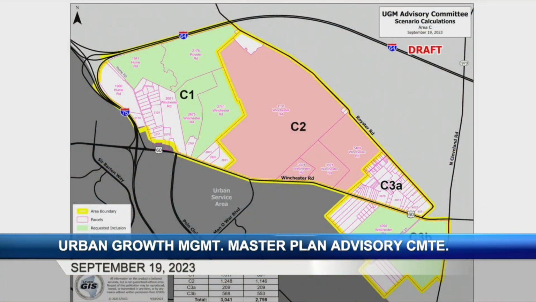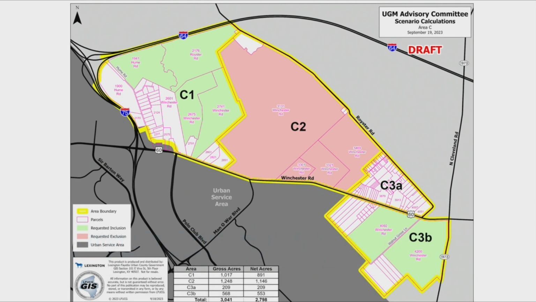But before we do that, I want to punctuate what we heard you all say and make sure we're all on the same page here. We don't have a drawing of this, so just bear with me. So what we have said is that we are including Area C1, which is all of this area, the white and the green, for a total of 1,017 acres gross, 891 net.